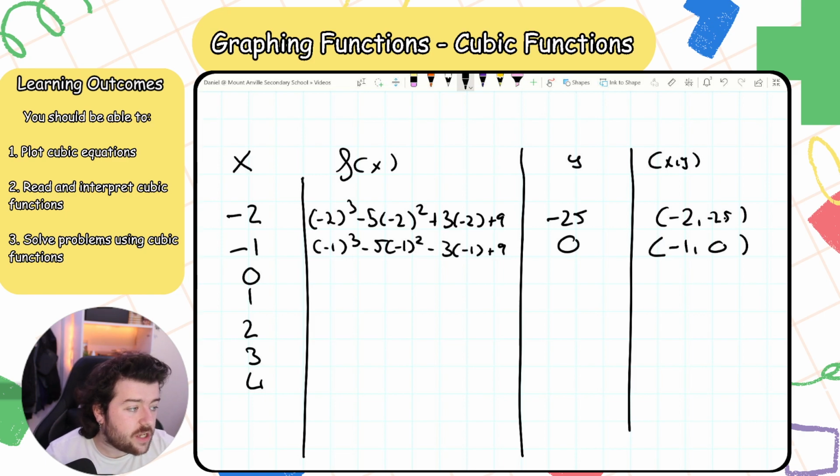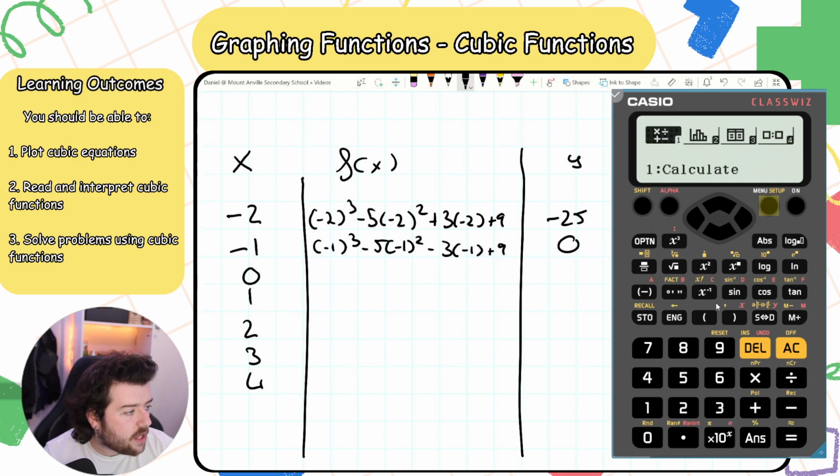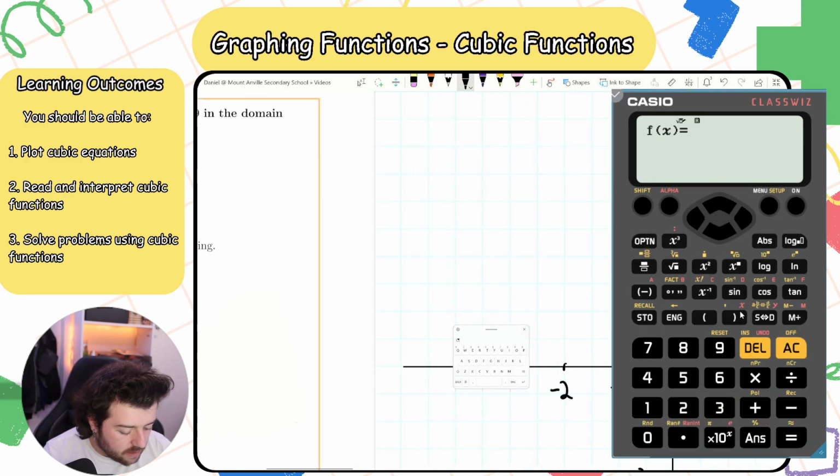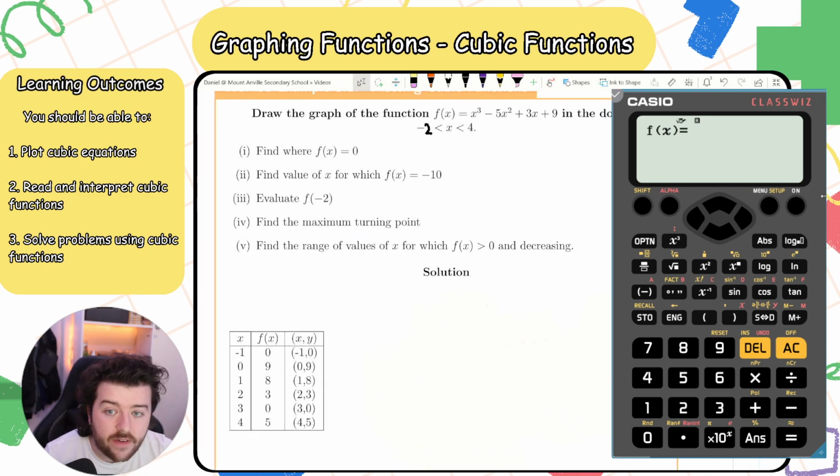So what we are going to do is we're going to use our calculator to make a table of values for us. So open the calculator, exact same process, right? So menu, table, type in my function. So my function is x cubed minus 5x squared plus 3 times x plus 9. So x cubed, so remember alpha, right bracket, cubed.